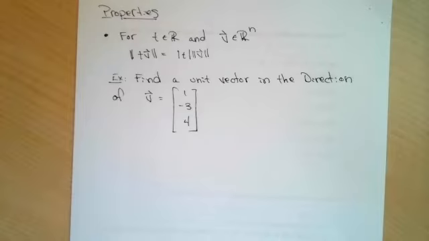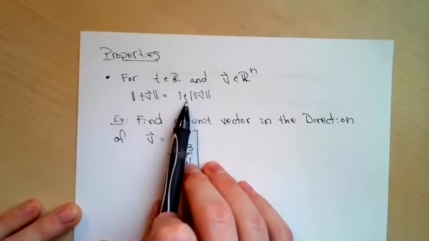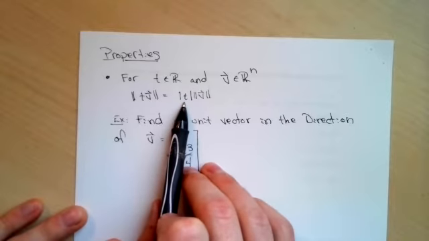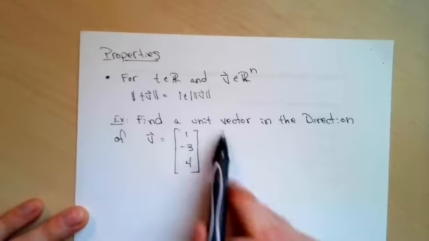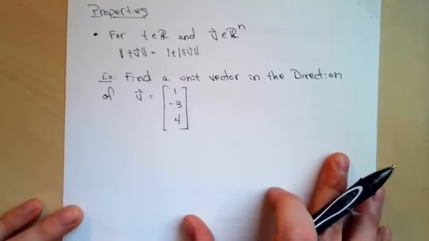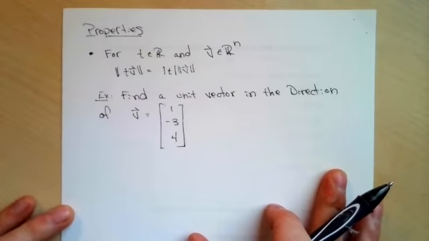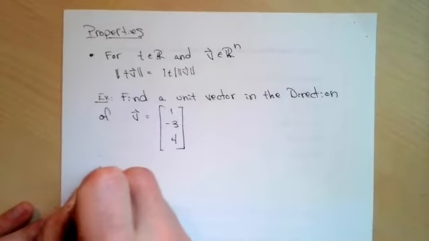So direction, we will have to talk a little bit more about once we get into the dot product. But for now, since we understand that scalar multiplication of a vector doesn't change the direction, it just scales that vector, what we want to do is scale this vector so that it has unit length. So our first step is to actually compute the length of the vector we are given.